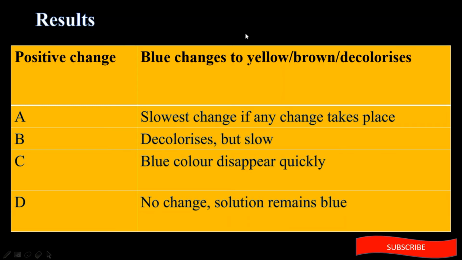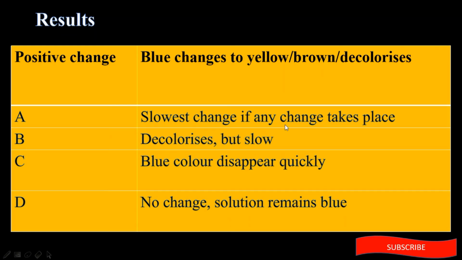Okay, so let's see what happens in each test tube. Now, in test tube A, we are told that this is the slowest change. The changes are very slow. The reason why your changes are slow is because of low temperature. And then in test tube B, we are told that our solution will change from blue and be discolorized.